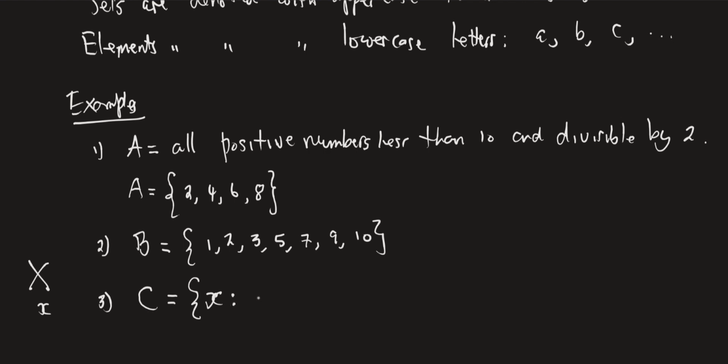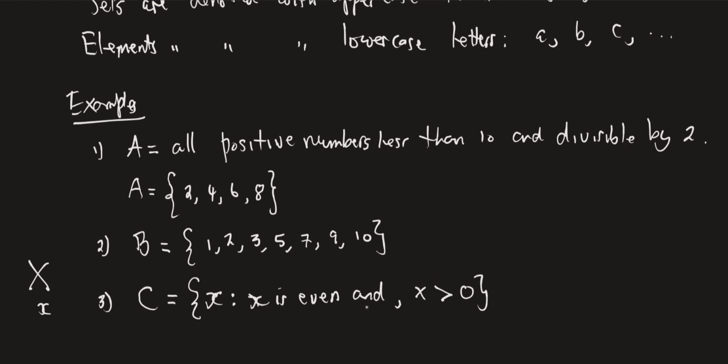And what you can do is, after the colon, give the very clear, unambiguous definition for what it means to be an element of this set. So like, what condition does x have to satisfy in order to be an element here? So you could say that x is even and x is greater than 0, right?